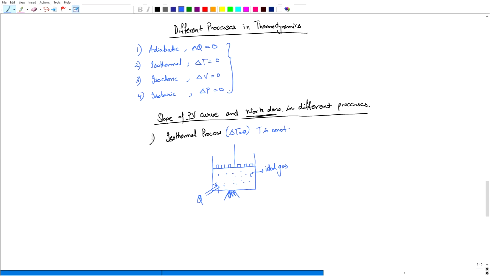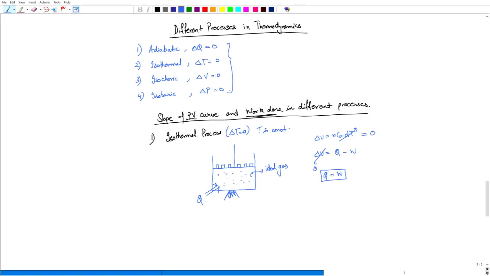Because the change in internal energy is Q minus W. So delta U, which is n Cv dT, we know for isothermal process is 0. This means that delta U is 0. So Q should be equal to the work done by the system.